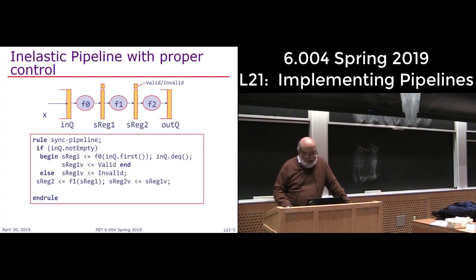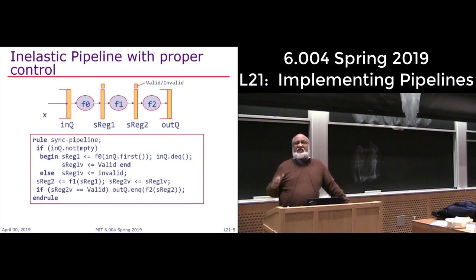Okay, very good. And finally, what do you do? If there is something valid in the second register, then you want to enqueue it. It automatically means that if there is nothing valid in it, you don't enqueue anything in it. And when you look at this, it will take you a few minutes to derive the guard for this, right?